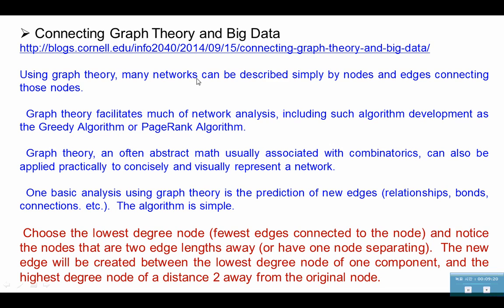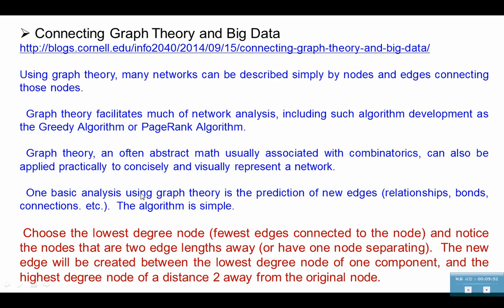Using graph theory, many networks can be described simply by nodes and edges connecting those nodes. Graph theory facilitates much of network analysis, including such algorithm development as the greedy algorithm or PageRank algorithm. Graph theory, an often abstract math usually associated with combinatorics, can also be applied practically to concisely and visually represent a network.